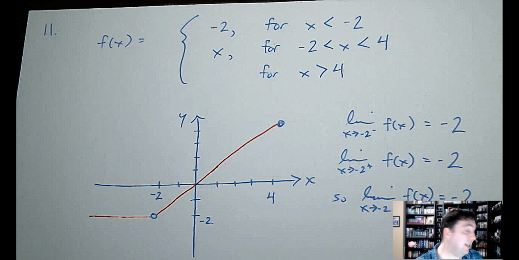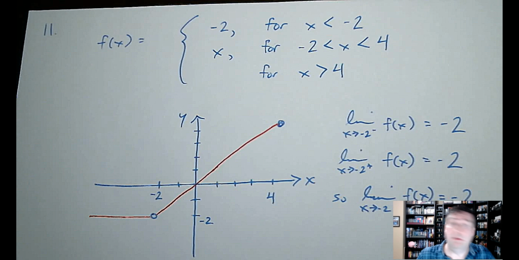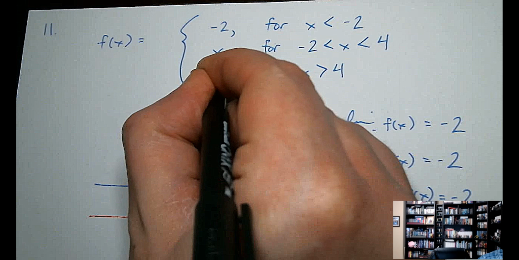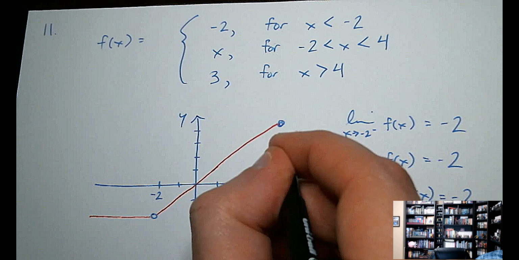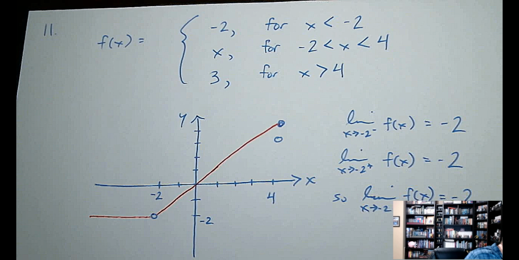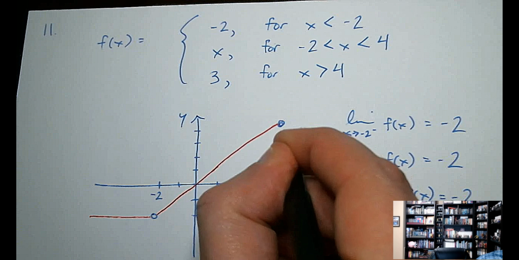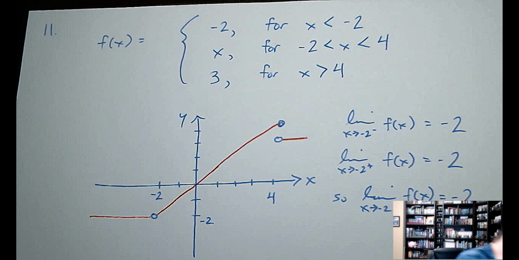So again, let's go back to a constant function, but let's make sure we pick any constant other than 4. Let's pick 3. Because then that would jump down here, and then the function would just continue off like that.